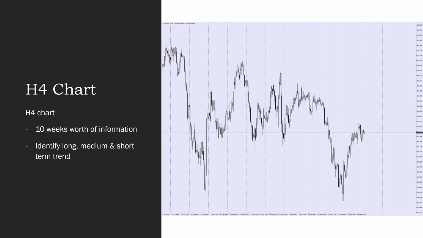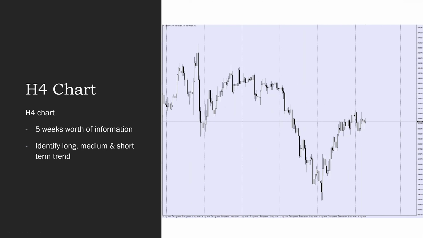But a lot of you might not be comfortable with this view because your candles are a little bit too small. So you can also view it on the H4 time frame with about a 5-week view. 1, 2, 3, 4, 5.